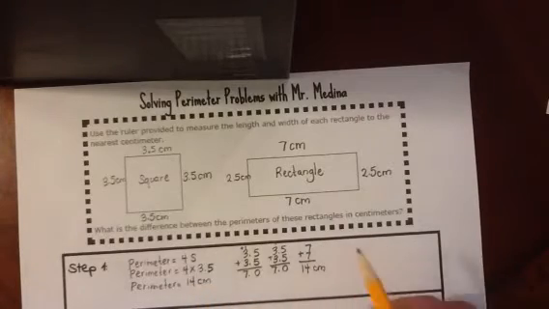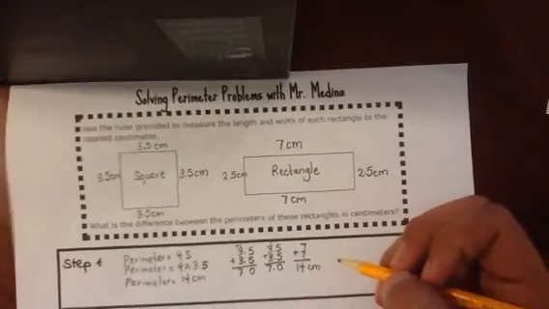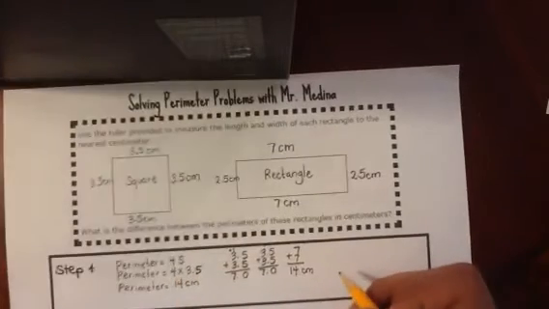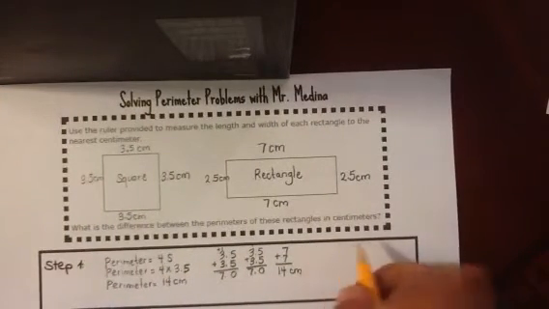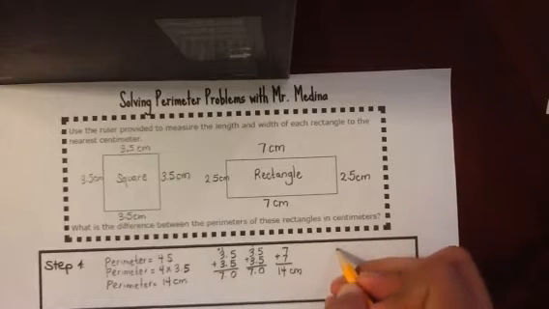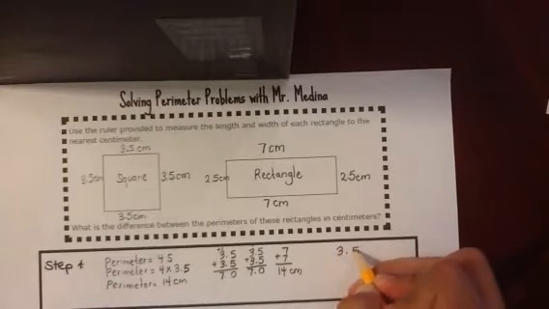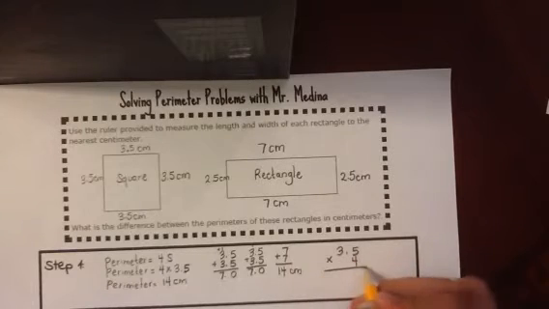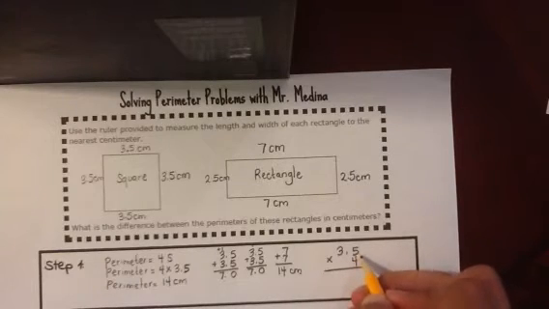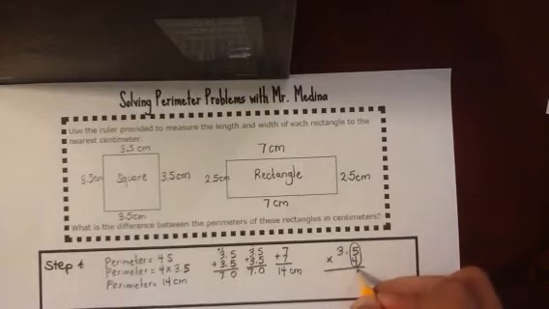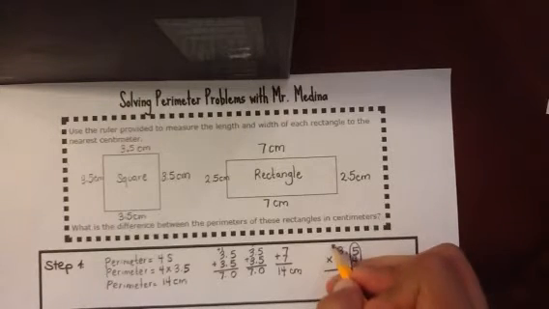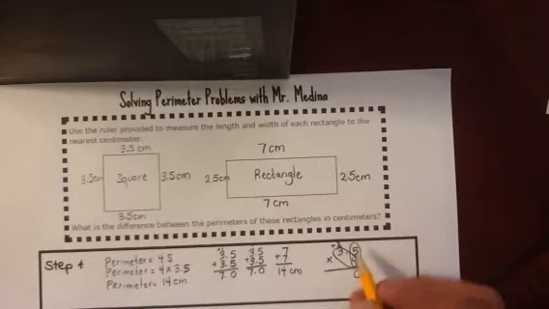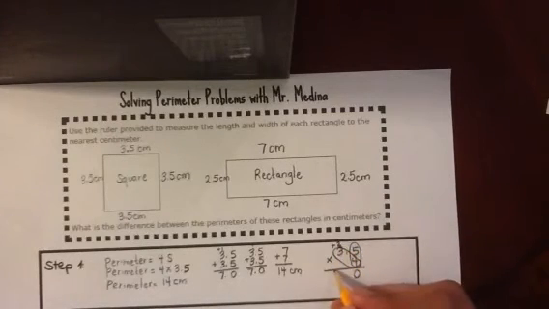For those students that are curious about multiplying a decimal times 4, here you go. If you don't feel comfortable yet, just ignore this part. 3.5 times 4. 4 times 5 is 20. You put the 0 here. Group the 2. 4 times 3 is 12. Plus 2 is 14.